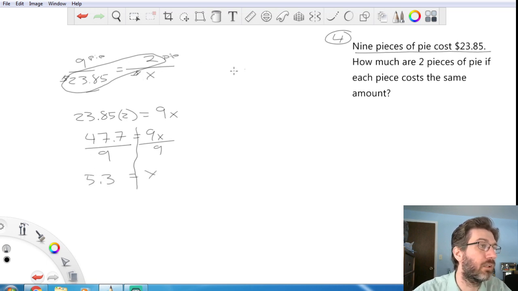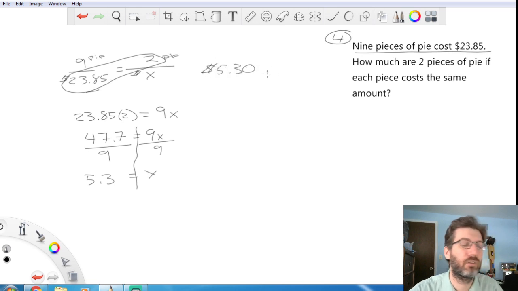And remember, that is money, so your answer is actually $5.30, because money goes to 2 decimal points.